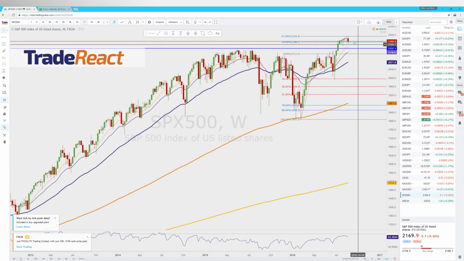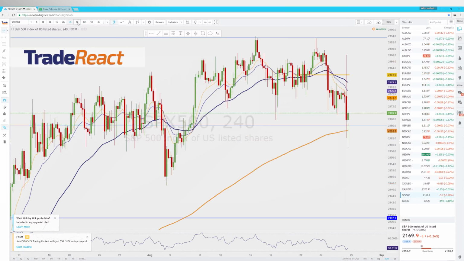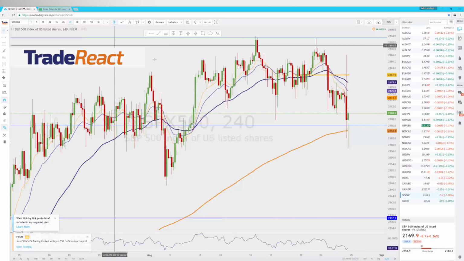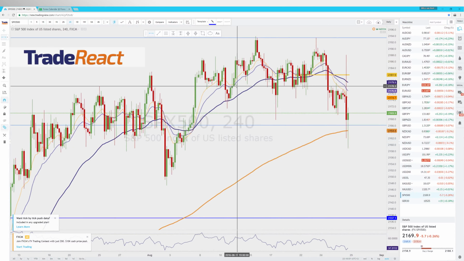So favoring some retracement, but keep an eye on the daily here, the daily closes especially. Perhaps some 4-hour level defining to take any new trades, like those levels.